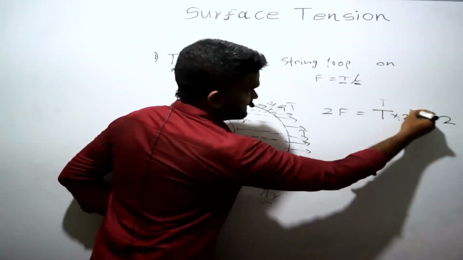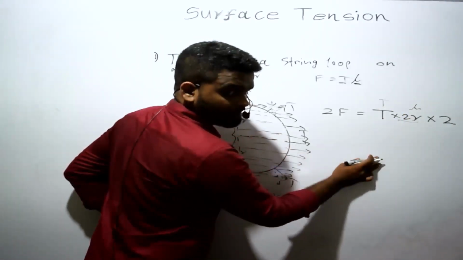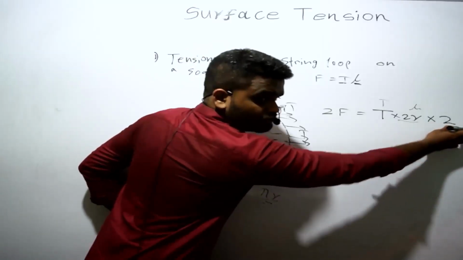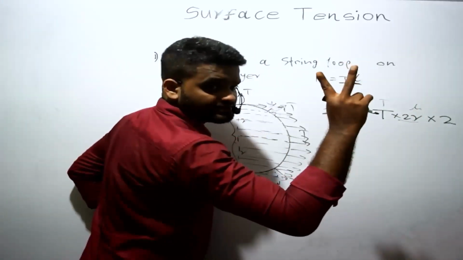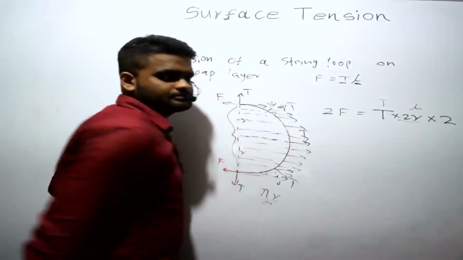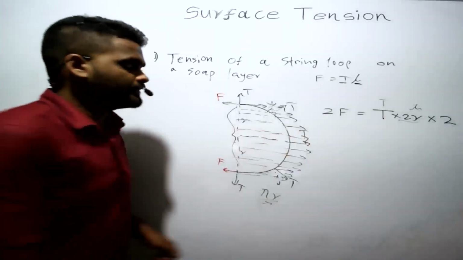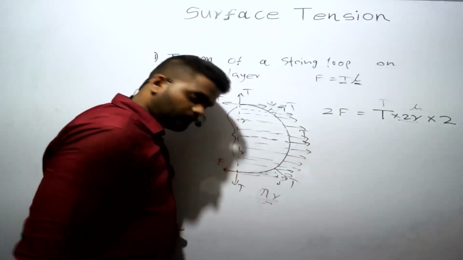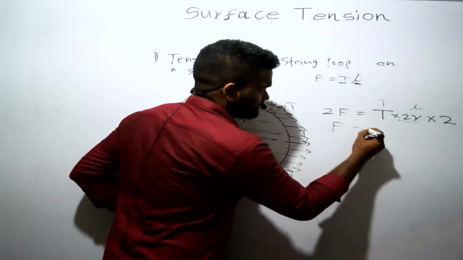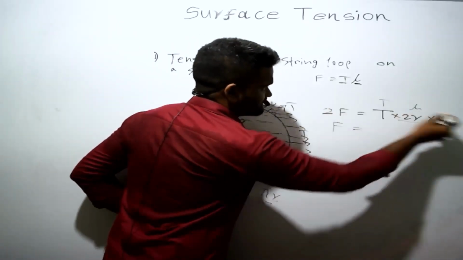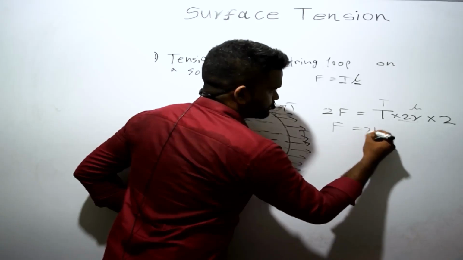That's why in TL, L becomes 2r. Then you multiply that by 2 because there are two free surfaces in a soap layer. So you have this equation. What we need is the force. So F equals, 2 cancels off, 2TR.